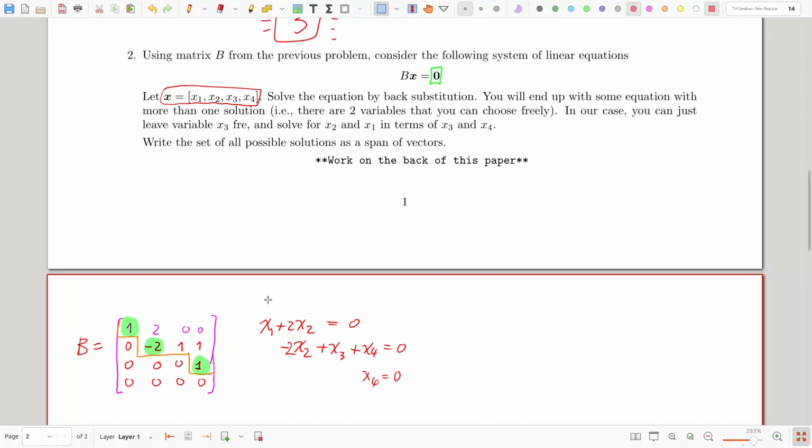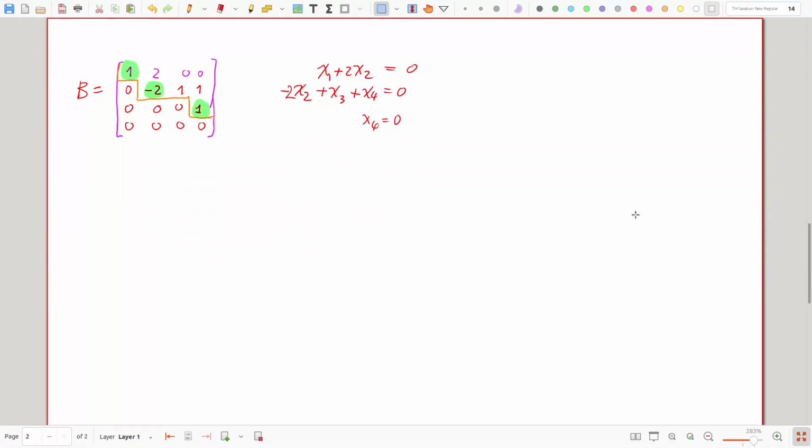So the null space of matrix B is the set of solutions of this system. What does it look like? First of all, you cannot do anything with x4, so x4 is 0. Now, in the next equations, how many variables do we have left? x4 is 0, so it's just gone.